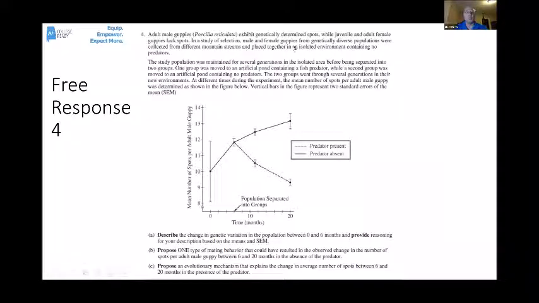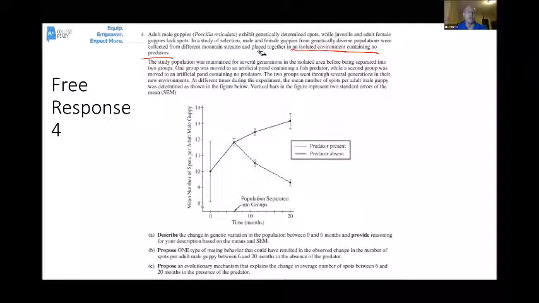So in a study of selection, male and female guppies from genetically diverse populations were collected from different streams and placed in an isolated environment containing no predators. The study population was maintained for several generations in an isolated area before being separated into two groups. One group was moved to a pond with a predator.